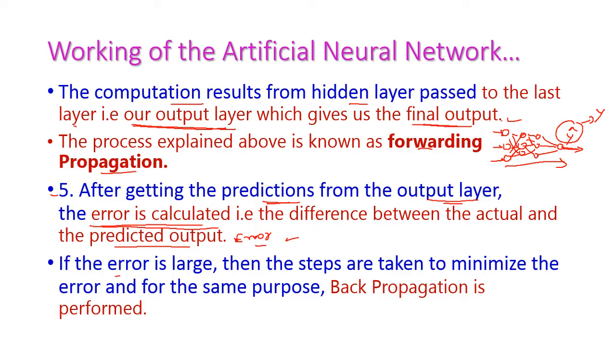If the error is large, then what do we have to do? Steps are taken to minimize the error, and for that purpose we go from the output layer to the input layer. That is the backward direction, which is called backward propagation.